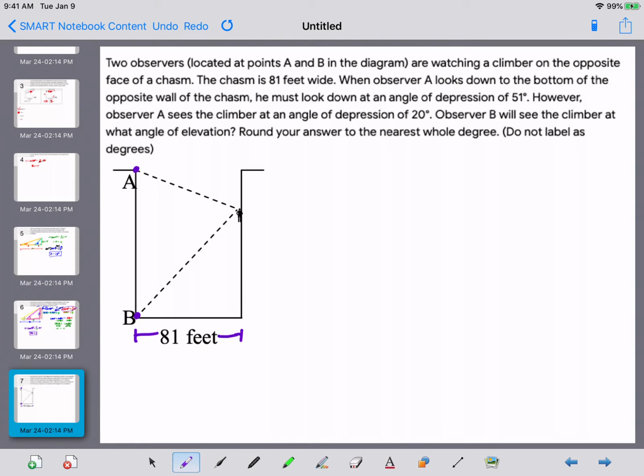They didn't put this on the picture, but for observer A, if they look down here to the bottom of the opposite wall, this angle here, so this purple angle that I have, is 51 degrees. All right. However, observer A sees the climber at an angle of depression of 20 degrees. All right, well, I'm going to erase this then.